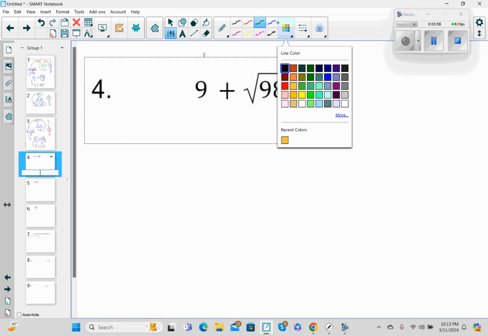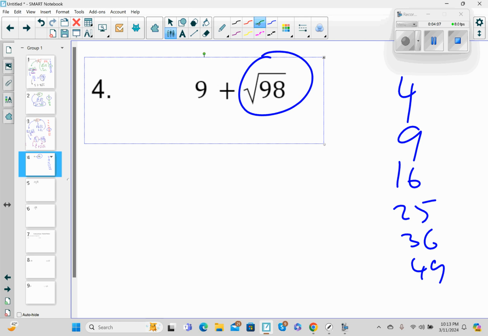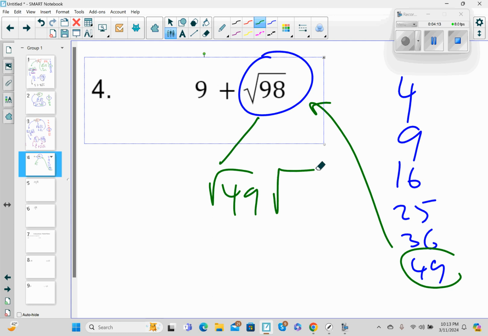All right, square root of 98. Well, here we go: 4, 9, 16, 25, 36, 49. That's it right there. 49 goes into 98 twice. So we get rad 49, rad 2, and the 9 in front.